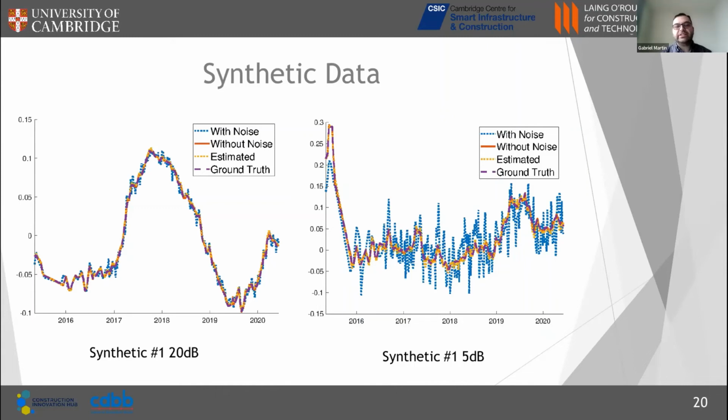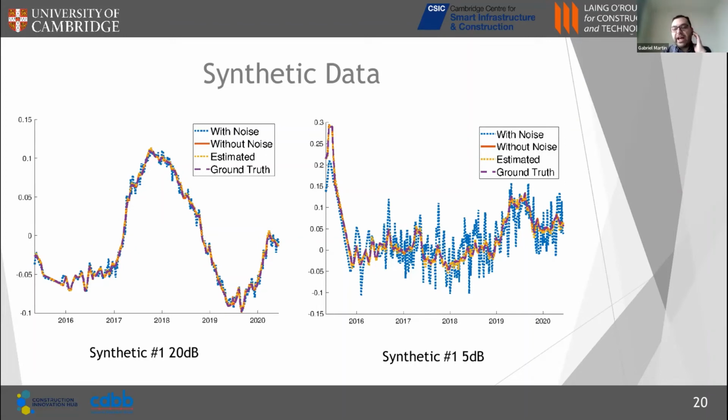In red is the closest pixel in the image to the ground truth pattern without noise. In yellow is our estimation of the ground truth pattern, and in purple is the ground truth pattern. Because in this scenario we have pixels that only contain one ground truth pattern, the ground truth pattern and the pixel without noise are the same. So in this case, everything is the same.